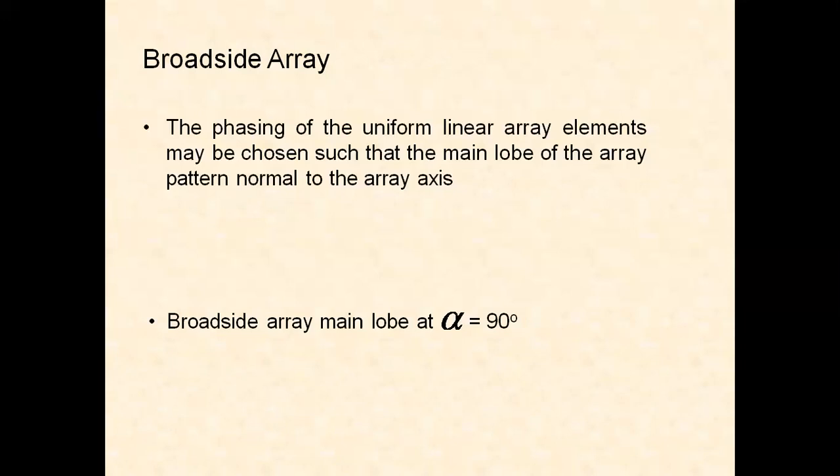By doing so, this arrangement fires in the broadside direction, that is perpendicular to the line of the array axis, where there is maximum radiation and relatively little radiation in other directions. Therefore, a broadside array may be defined as an arrangement in which the principal direction of the radiation is perpendicular to the array axis.